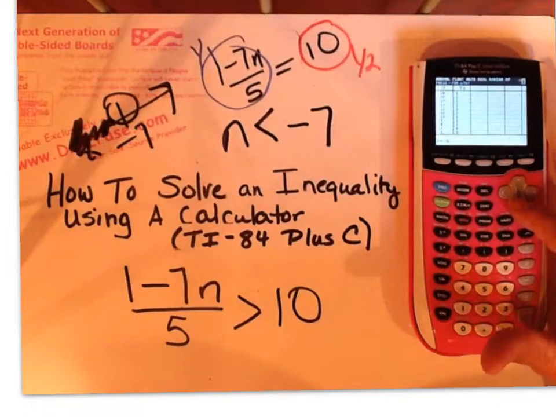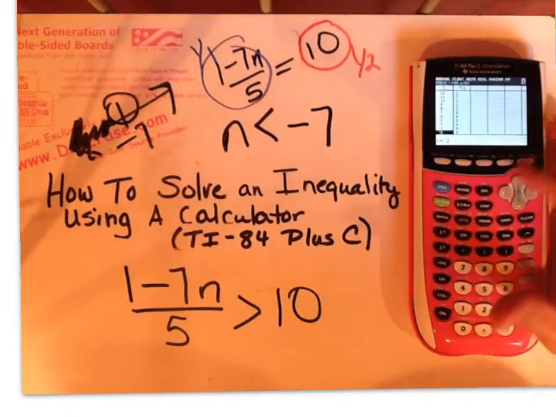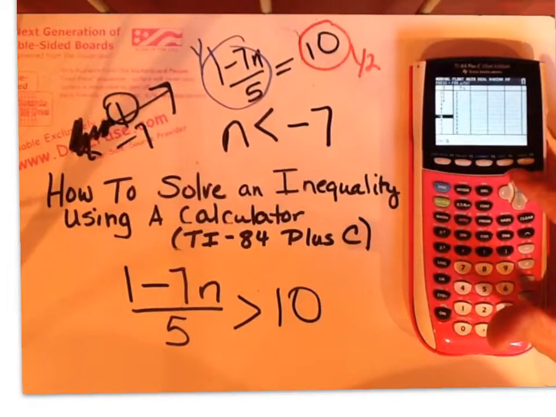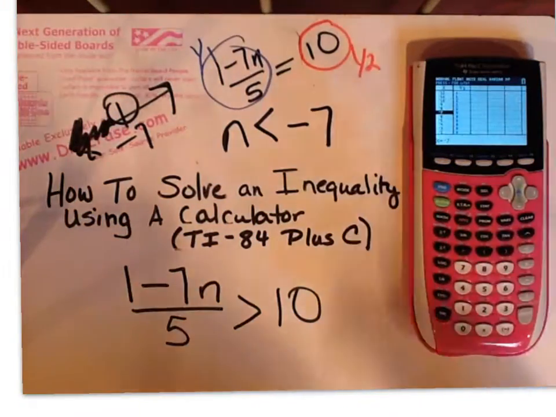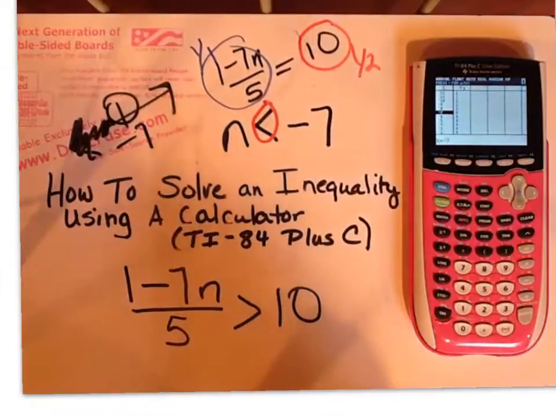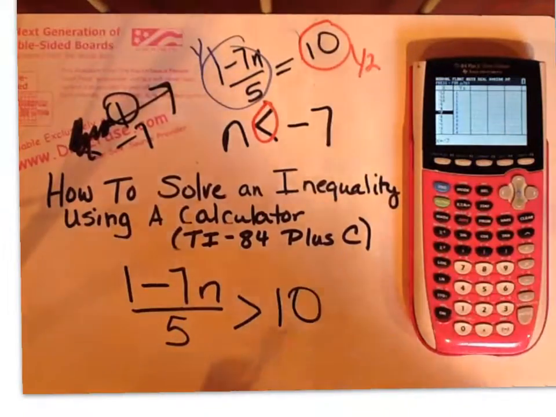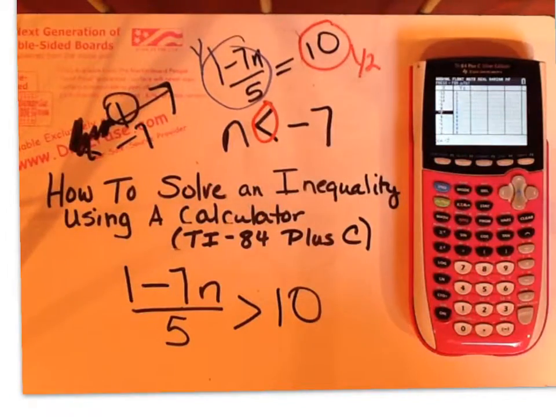When it starts to change and I get 0s, that means it's not shaded on my number line. At negative 7, I have a 0 there, because my inequality doesn't have the or equal to. So negative 7 would not be a solution, but negative 8 would, and negative 6 would not.